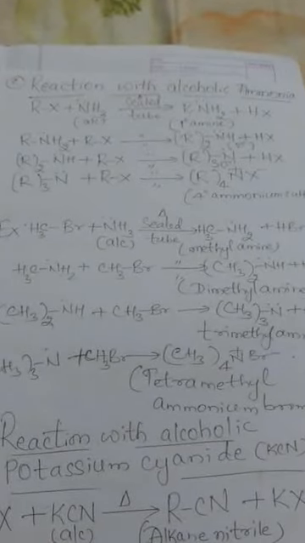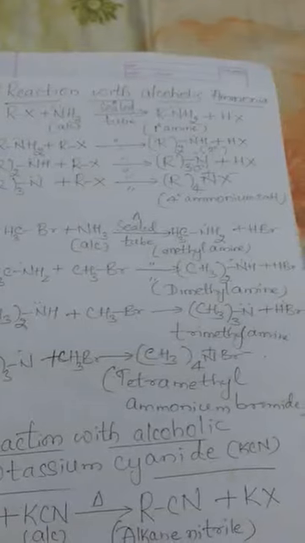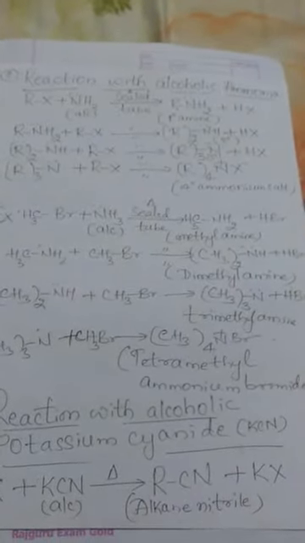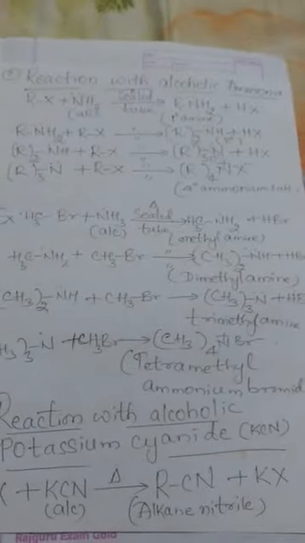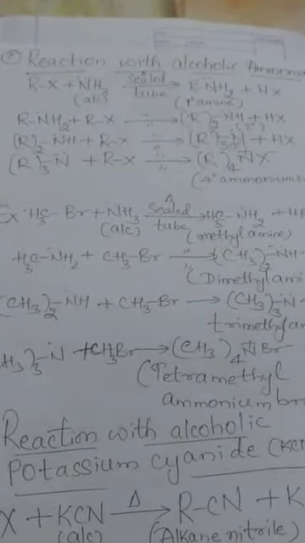If methyl bromide is in excess, further substitution takes place forming dimethylamine, trimethylamine, and finally tetramethylammonium bromide. So this is the reaction of alkyl halides with alcoholic ammonia.